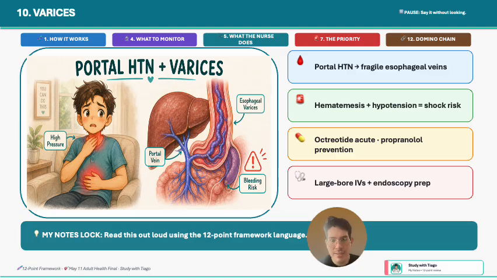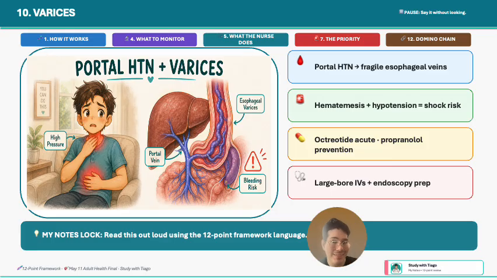If a varix ruptures, the patient can vomit blood, pass black tarry stools, become hypotensive, become tachycardic, and go into shock. So, the clinical picture I want is simple. Cirrhosis plus hematemesis is an emergency, yeah? This is not a routine nausea complaint. This is a bleeding, airway, circulation problem, okay?